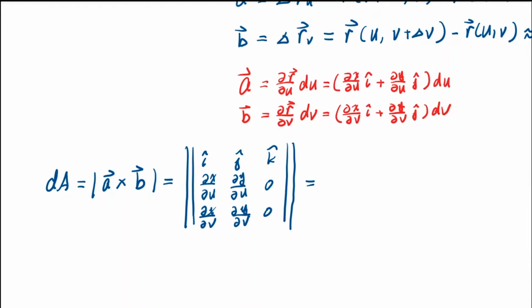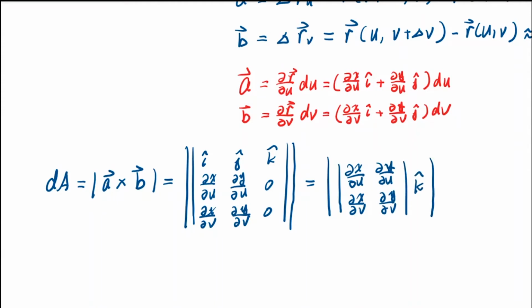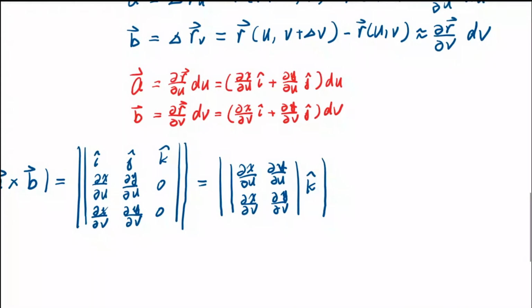So that is equal to the magnitude of the determinant of partial x partial u, partial y partial u, partial x partial v, and partial y partial v, times the k vector, taking the magnitude of the vector A. Well, then k just drops out and it's just this, isn't it?